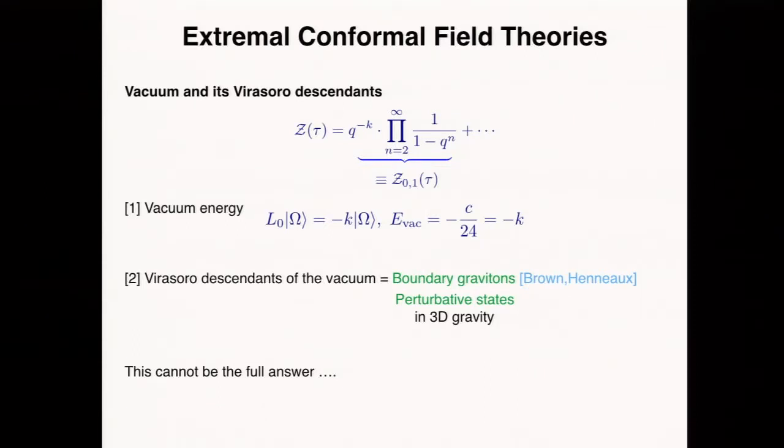So this n from 2 to infinity comes from the Virasoro descendants, and that can be identified as the boundary gravitons discovered by Brown and Henneaux. One could regard that as a perturbative correction due to the perturbative states of 3D gravity living at the boundary. And that can again be regarded as the correction coming from the perturbative expansion around the AdS vacuum.